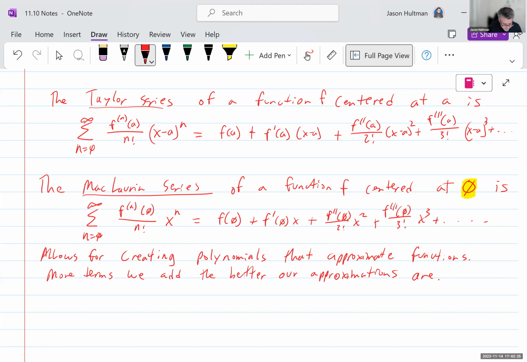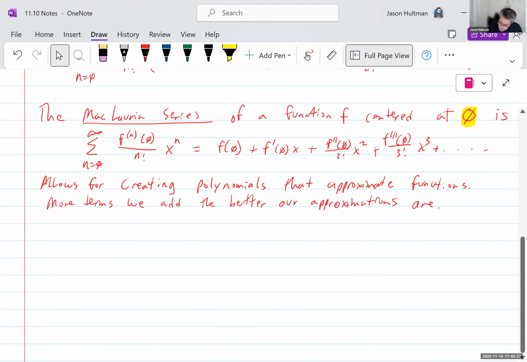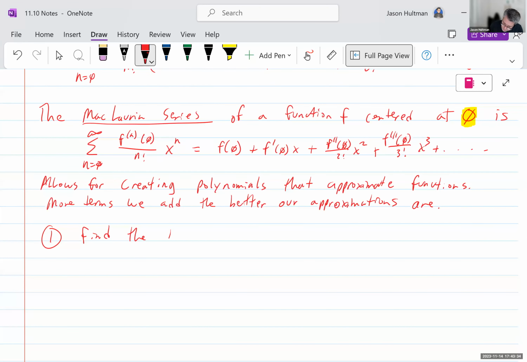Okay. Okay, let's look at finding a Maclaurin series. Okay, find the Maclaurin series for e to the x. Okay? E to the x, the guy who is his own derivative.